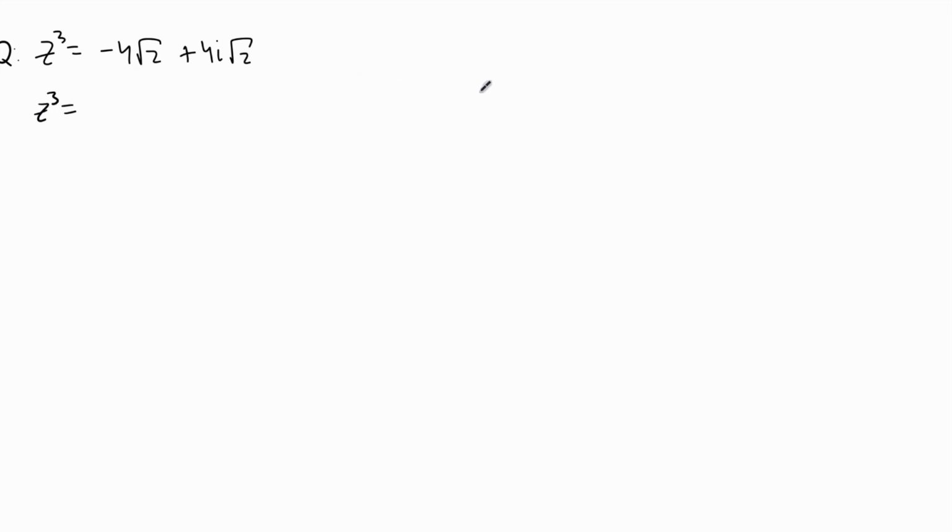Let's go ahead and write the r here, the modulus. The modulus is going to be the square root of minus 4 square root 2 squared plus 4 square root 2 squared.